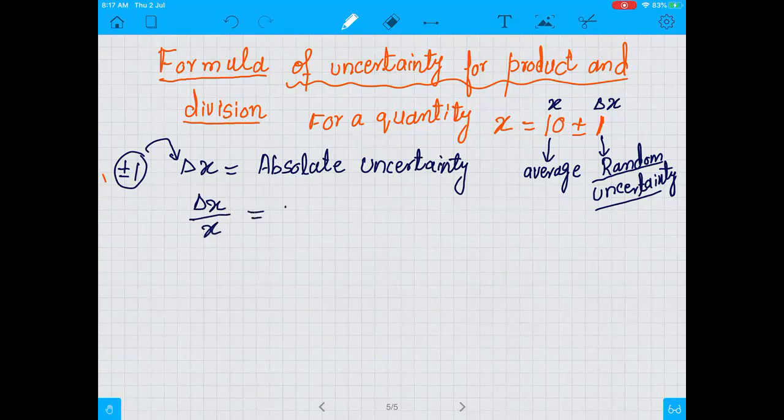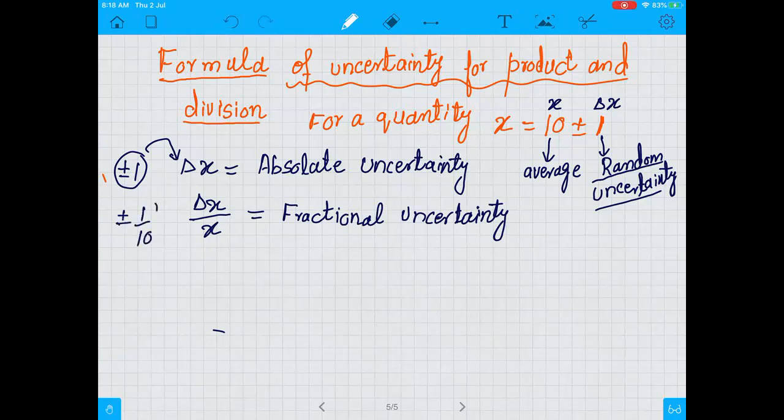That is called fractional uncertainty, and the value would be plus minus 1 over 10. So this is fractional uncertainty.